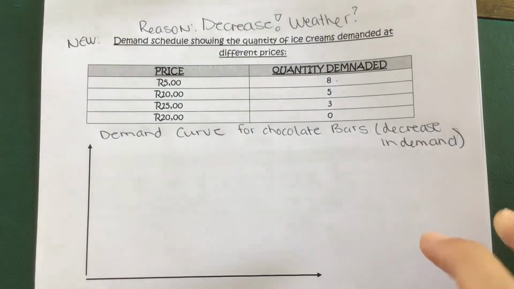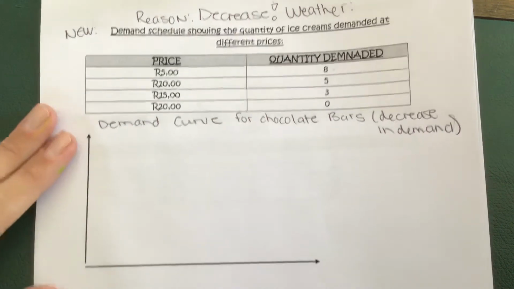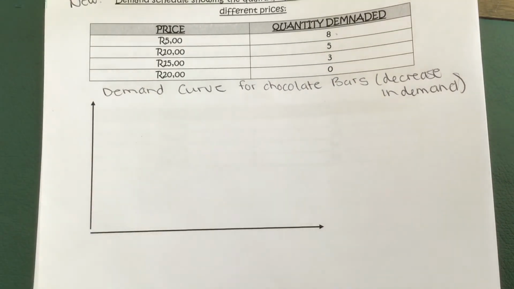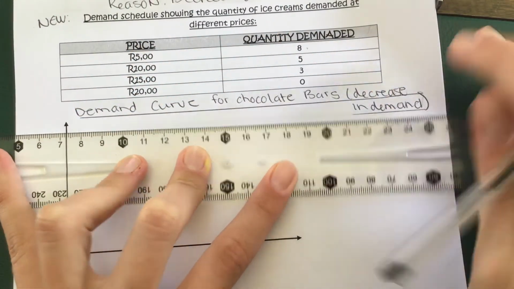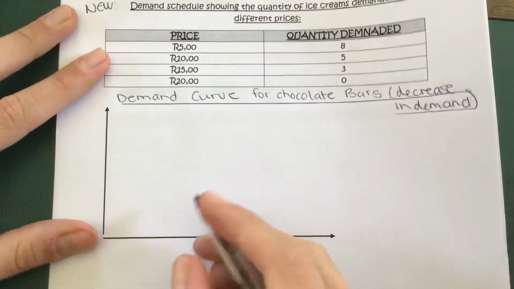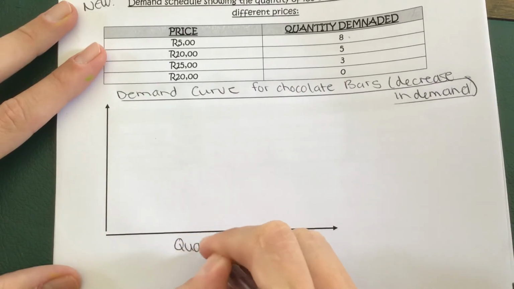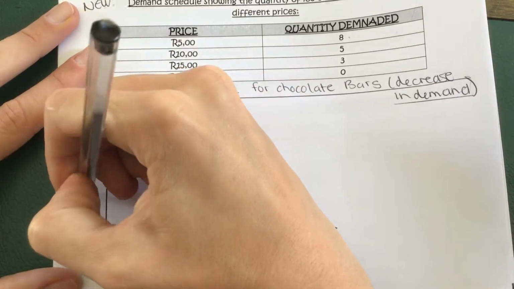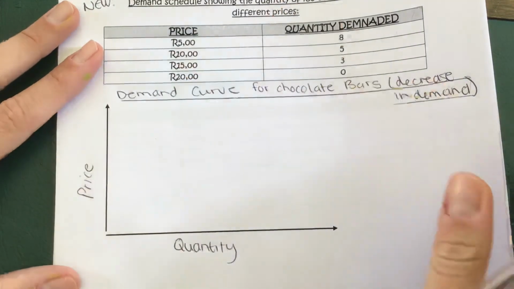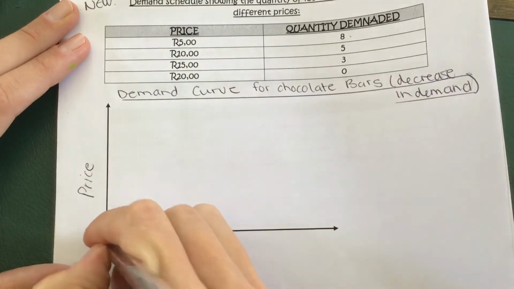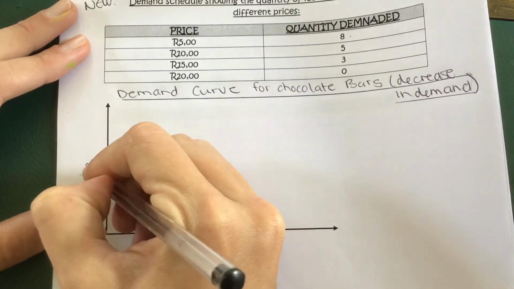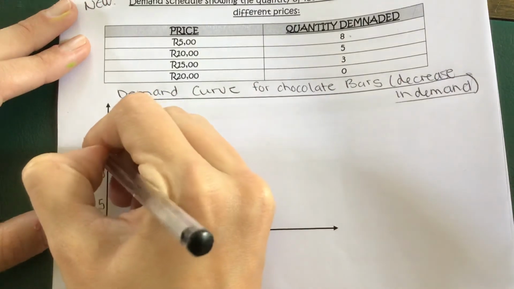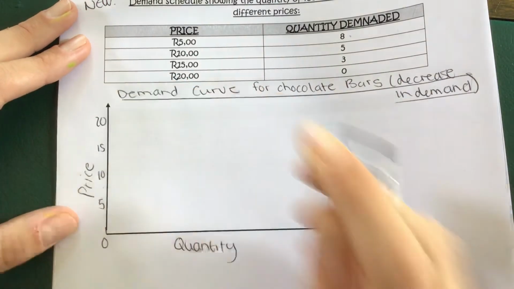Now we're going to draw our first one again, but first, obviously, that's our heading, so we need to underline it. Then remember, quantity we always put at the bottom and price on the y-axis. 0 in the middle, and we go up in 5, 10, 15, 20.